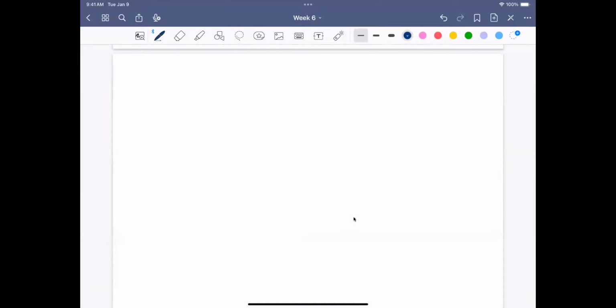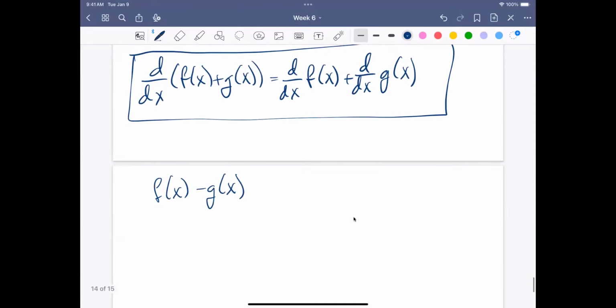Now, to do the sum, or not the sum, we did the sum. To do the difference, right, let's say I have f of x minus g of x. We can either go through the whole process again, it'd be pretty tedious, or I can notice that this is f of x plus a -1 times the g of x.